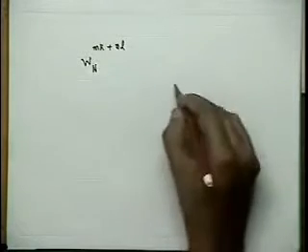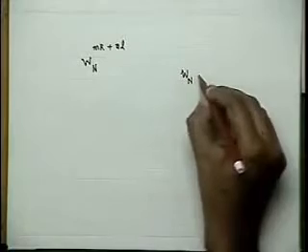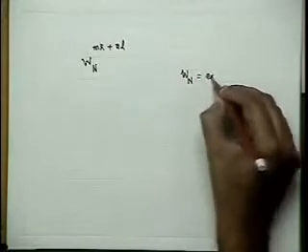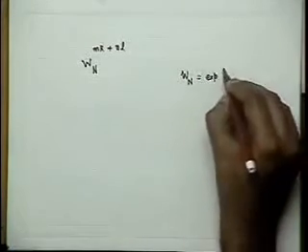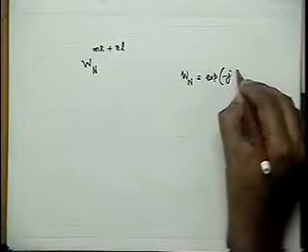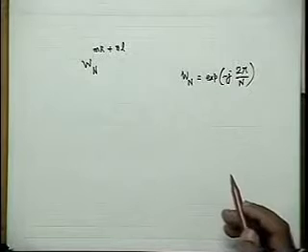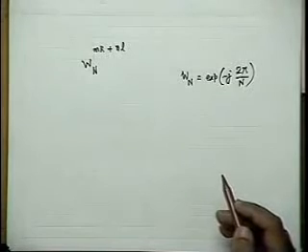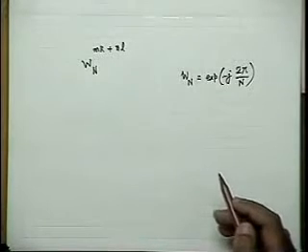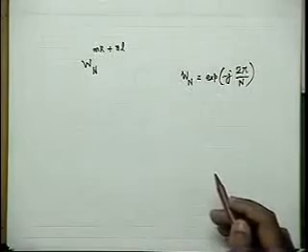And what is W to the base N? W to the base N is nothing but exponential to the power minus j 2 pi by capital N. So W to the base N itself is a complex expression. So the matrix elements which we have are all complex elements. The multiplications which we are doing in the DFT operation are all complex multiplications.